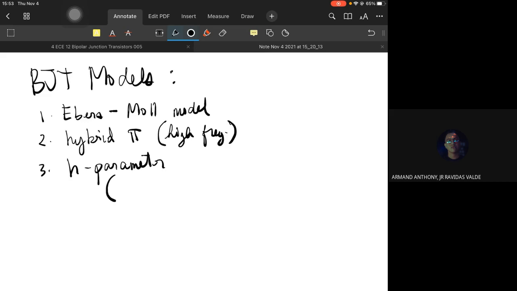Try to look up any BJT specification sheet sa internet and dili ta makita beta. Atong makita dito is hFE. So hFE beta pala na sila. hFE lang iyang karaan nga term, tungod kay before, mas prevalent ang H parameter.